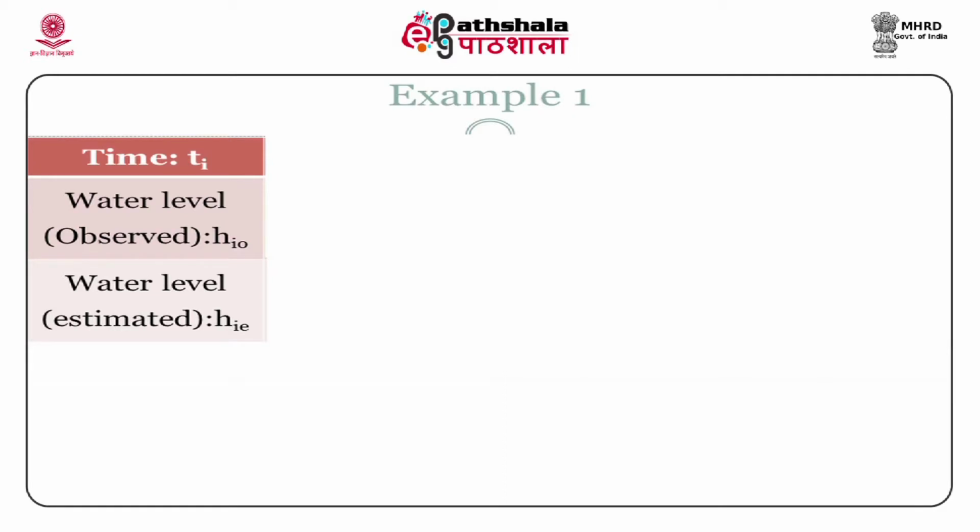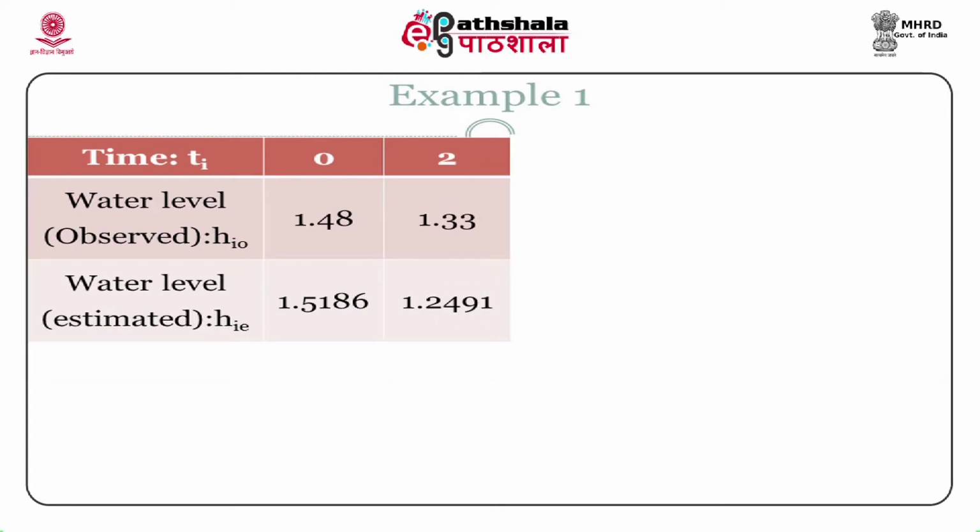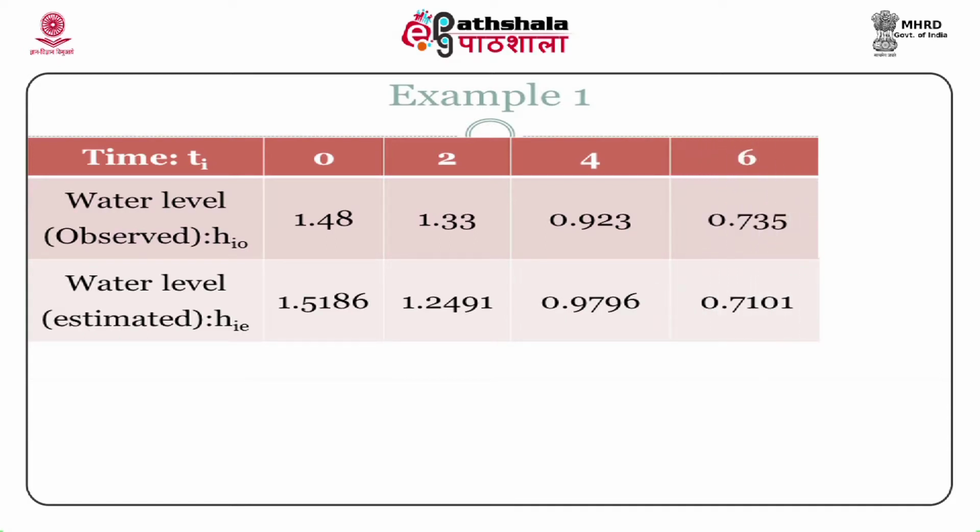That gives the water level at 0 as 1.5186, at 2 1.2491, at 4 0.9796, at 6 0.7101, and at 8 0.4406.